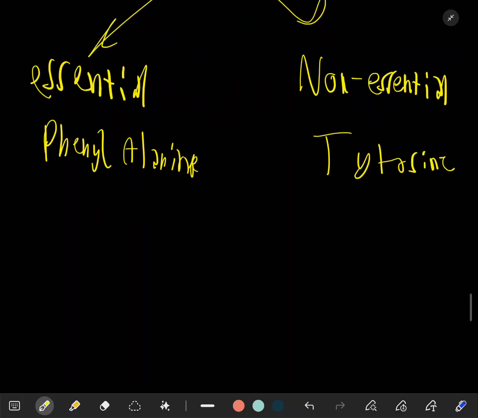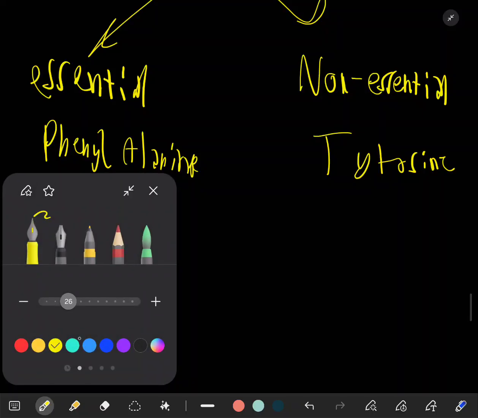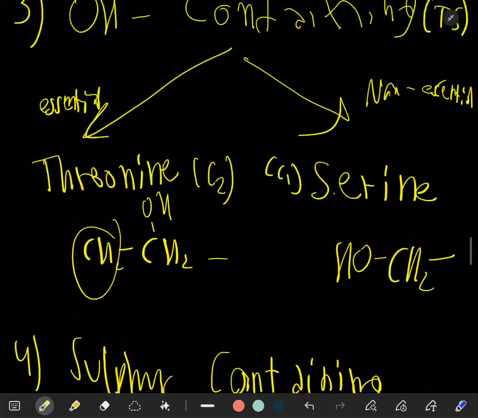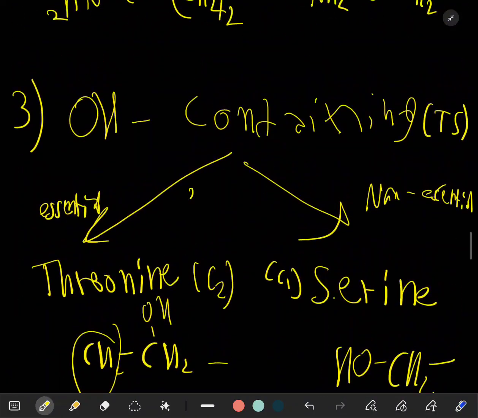So yeah, the phenylalanine structure was very simple. To alanine we have to add a phenyl group. So for that we'll just do CH2 and then a phenyl group added. Then for tyrosine we have to use our brains and think about the structure. Now yeah, tyrosine is another exception. Like when we study our OH containing groups, there are actually 3. So the third one is also tyrosine.